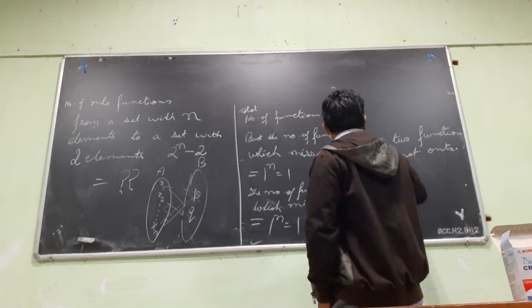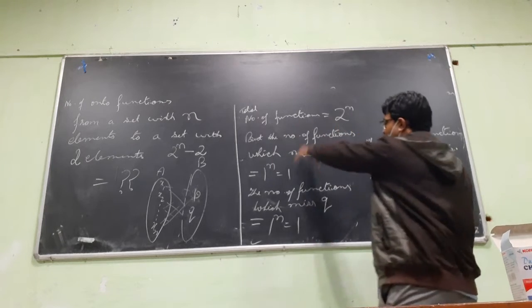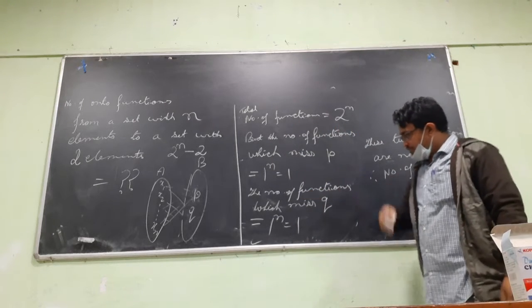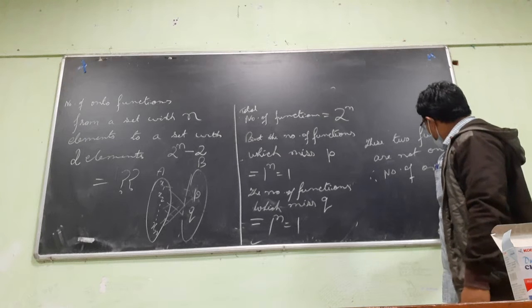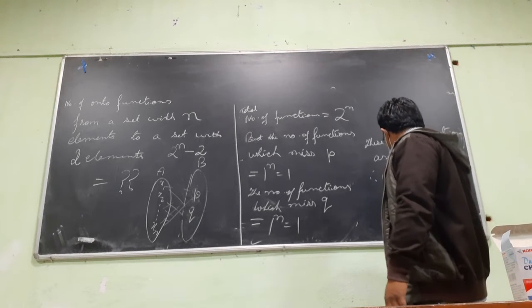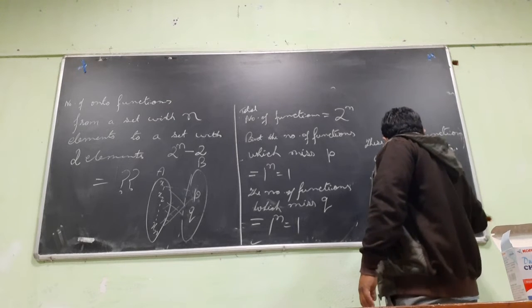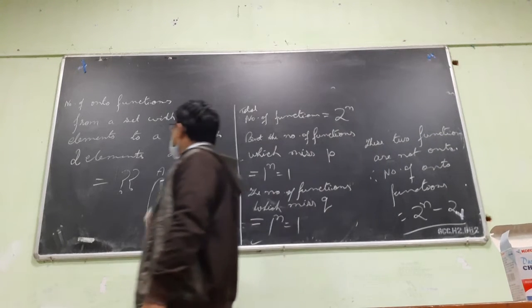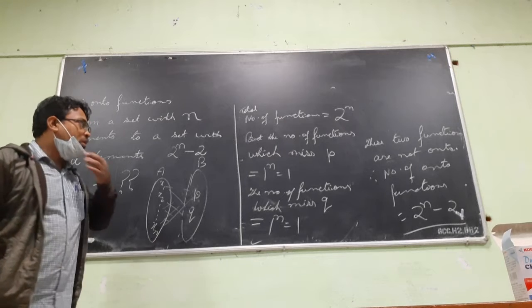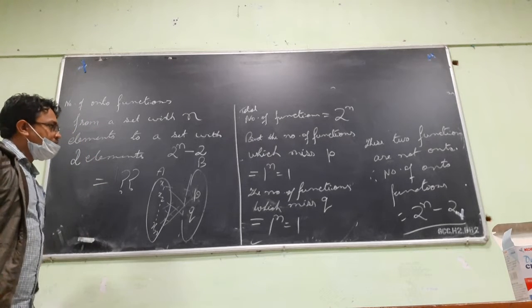Therefore, the number of onto functions is: out of this 2 to the power n, I have to remove these two functions. So the number of onto functions is 2 to the power n minus 2. This many functions are there.